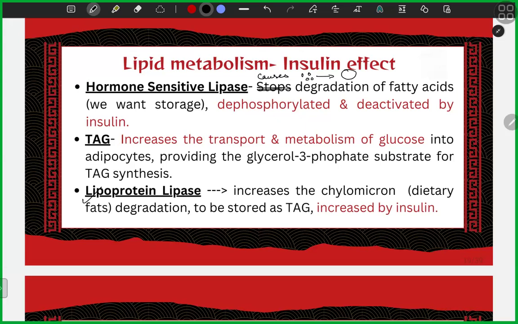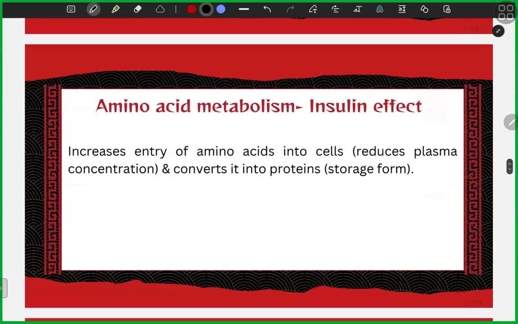But yeah, they need to be stored as TAGs again. So again, you're helping in the storing. So you need to increase this using insulin. Because again, insulin is used for storing and anabolism, right? Remember those two things.